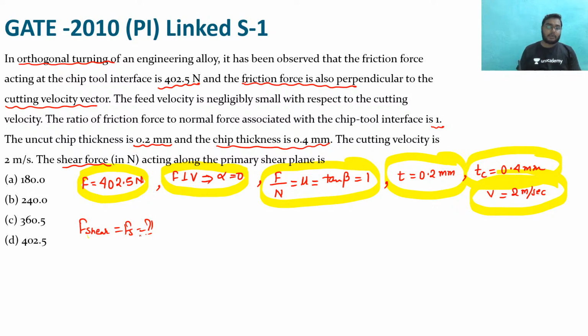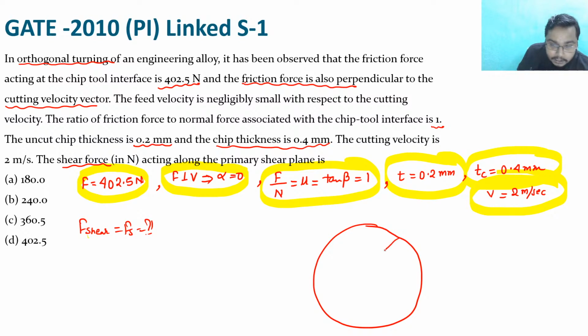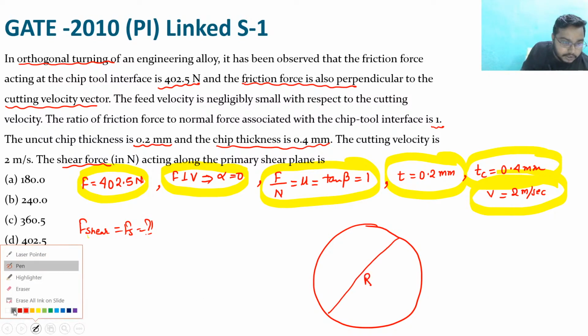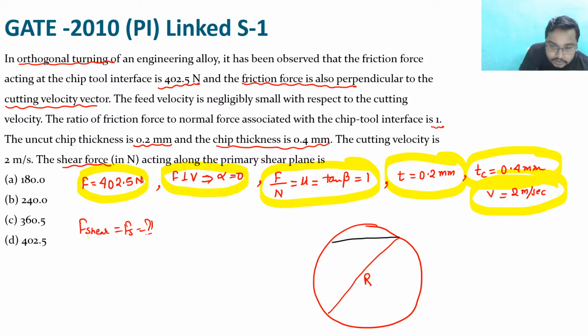Okay, another hint: just make the Merchant circle diagram very fast. This is your R, this is your Fc, this is your Ft, this is your Fs, and this is your Fn.